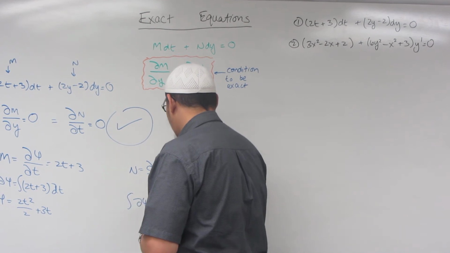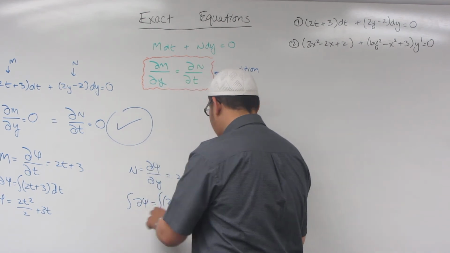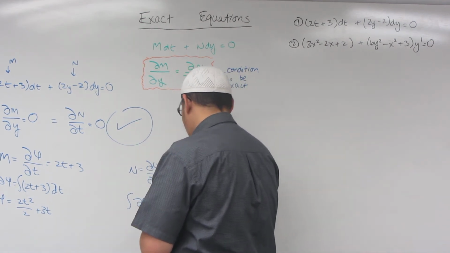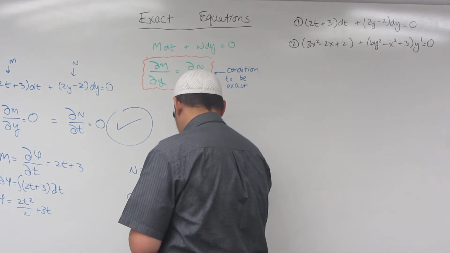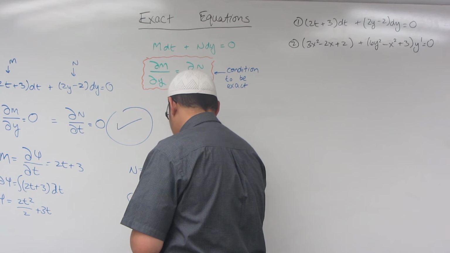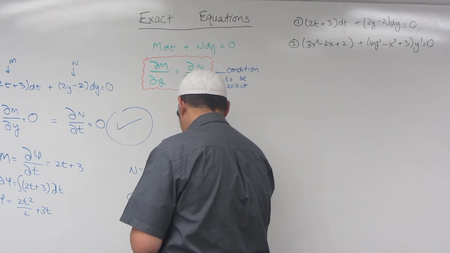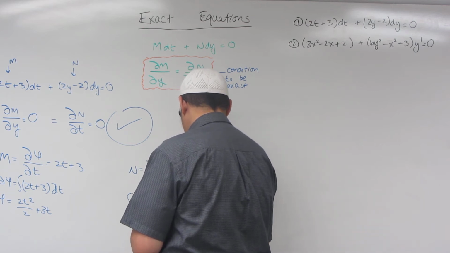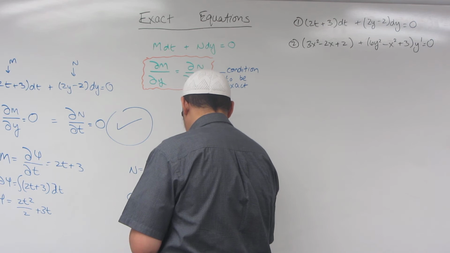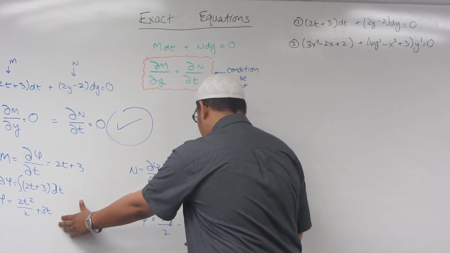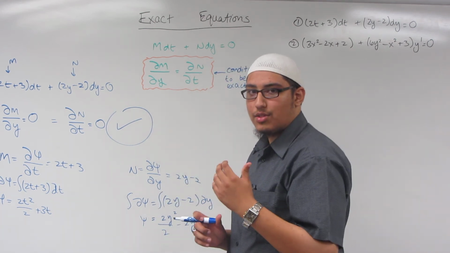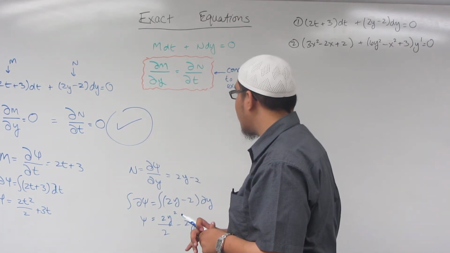Take the integral of both sides to get rid of these differentials, and you would end up getting psi is equal to 2y squared divided by 2 minus 2y. I intentionally left the constant terms out of this for the time being.